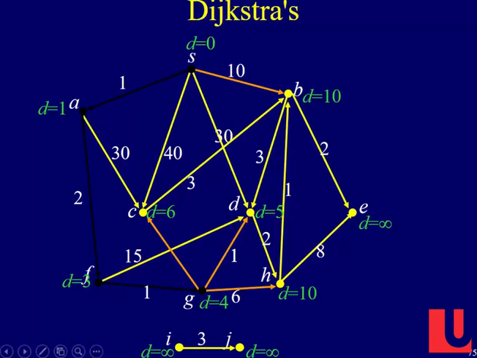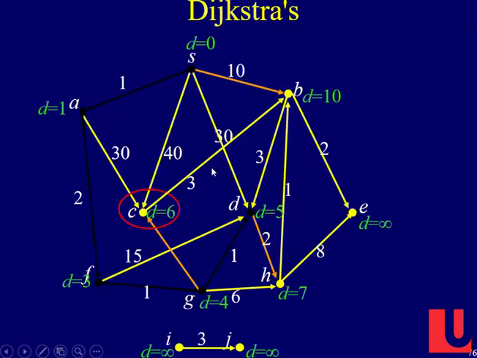So we update both the d value and the pi value of D. D's d value is now 5, and its pi is now G. Right? Everybody buy that? And then that's the next one. So it updates there, down to that. And that's the next one. So this is 6 to here plus 3, right?